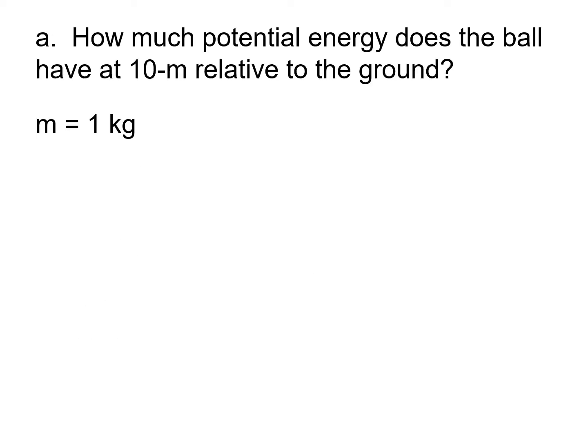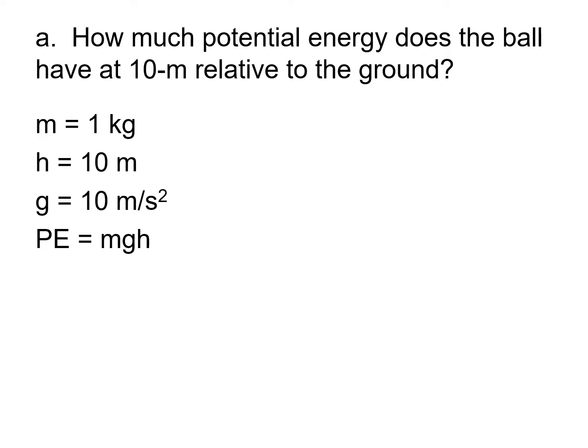Well, if you read the first problem, you write down the variables that you see. We had a ball that was 1 kilogram in mass, and it's at a height of 10 meters. Sometimes you don't see in the problem the constants, things like acceleration due to gravity. You just have to know them. So the acceleration due to gravity is really 9.8 meters per second squared, but we've been rounding it off just for convenience to 10 meters per second squared.